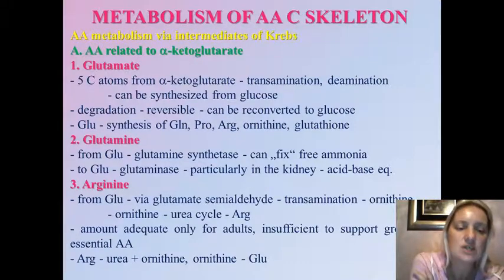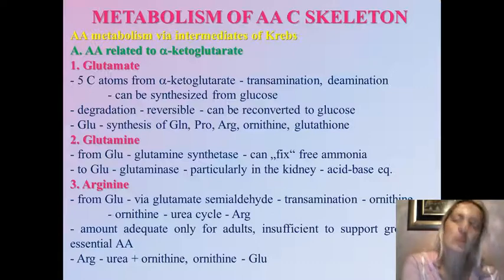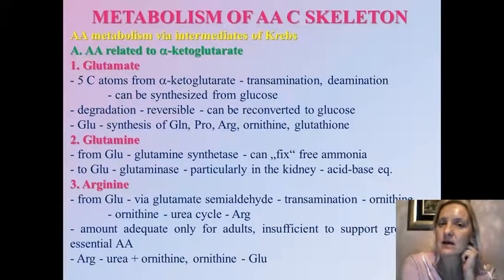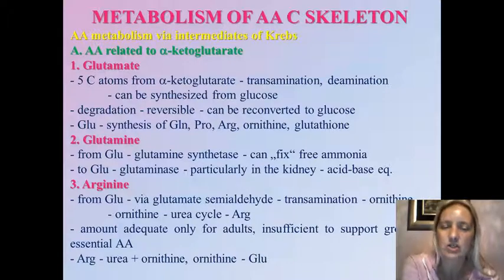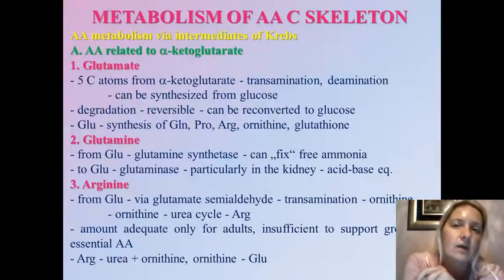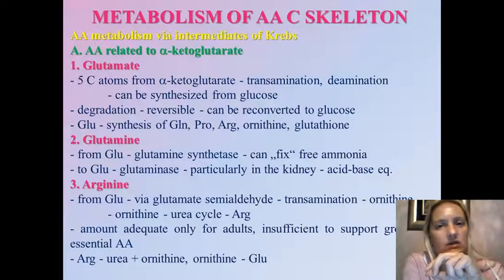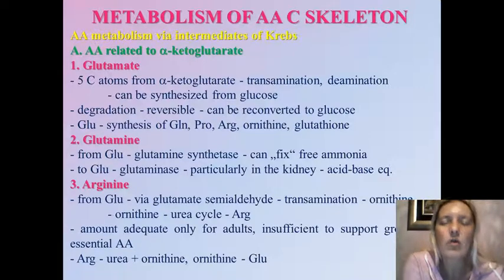And we have arginine. It can be synthesized from glutamate via glutamate semialdehyde, and you will see the reaction a little bit later on. And then the upcoming transamination to ornithine. Ornithine enters the urea cycle, as you know, and it can form arginine. But this pathway yields arginine in amounts which are adequate only for adults to replenish the already existing amounts of arginine in the body, but it's insufficient to support growth.